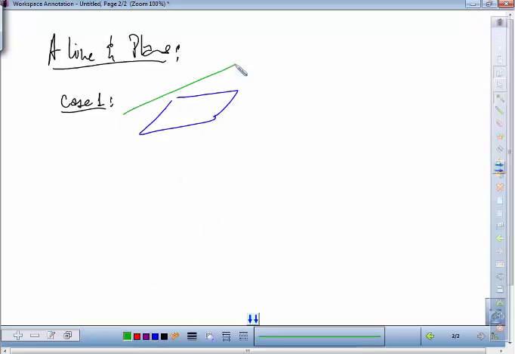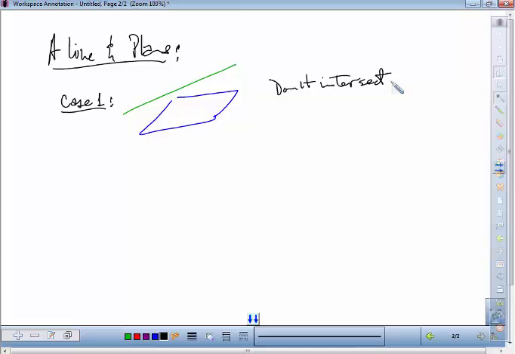A case where they don't intersect means that essentially that line is parallel to the plane. I don't know if parallel is the best word for this, but it means it won't touch the plane.